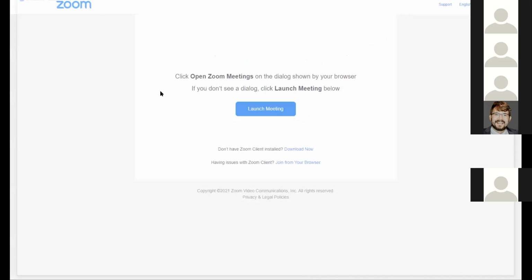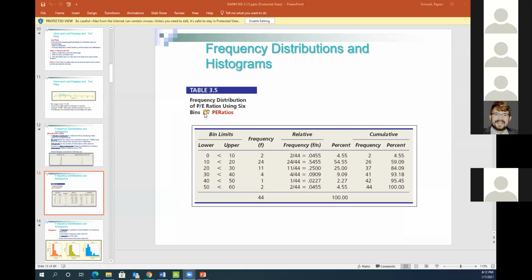Now I'm going back to my slide. Similarly, how many frequencies are there? Here you can see between 0 to 10, there are 2 frequencies, 10 to 20, 24. This is the bin limit, meaning it starts from 0, less than 10, then more than 10 and less than 20.